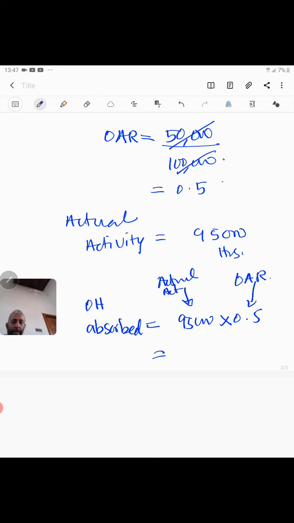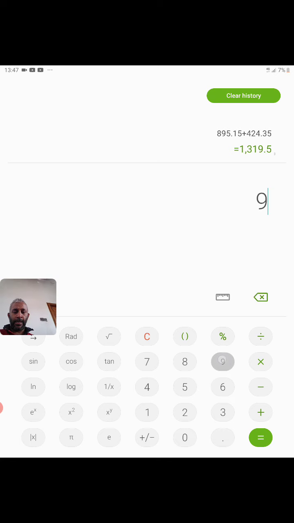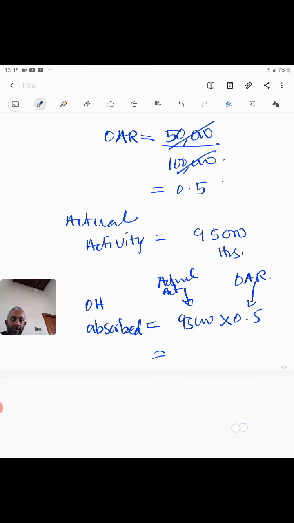Accordingly, let's calculate that. So when I calculate 95,000 into 0.5, I'm getting 47,500. This is my overhead absorbed.